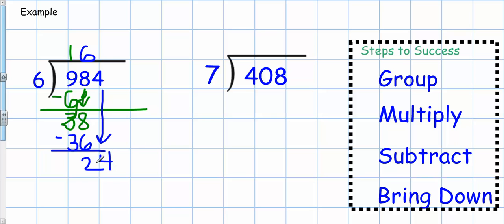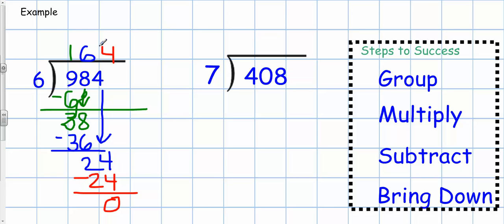Now I'm saying how many groups of 6 can go into 24? Well, 4. 6 times 4 is 24. That gives me 0. I can also check my answer to see that I have the right answer.